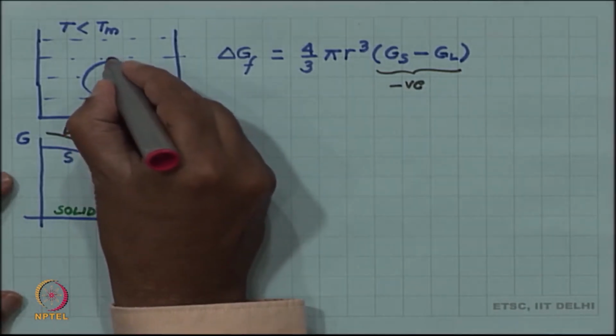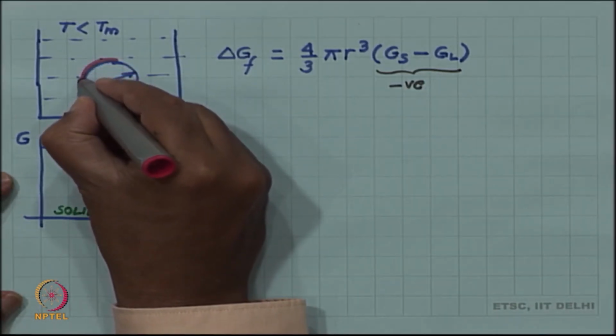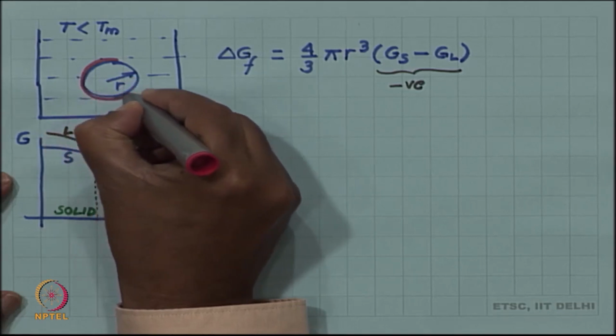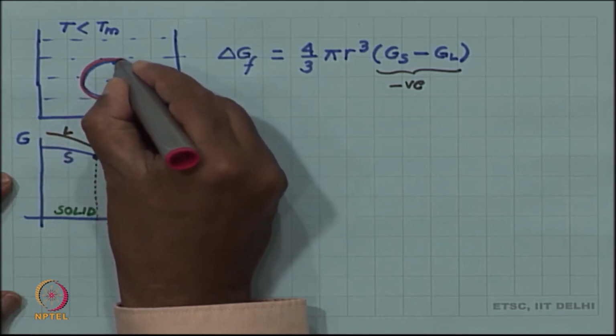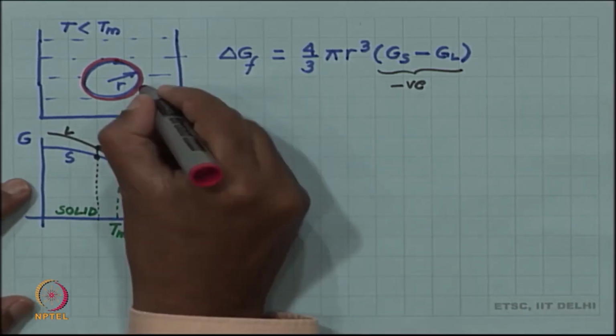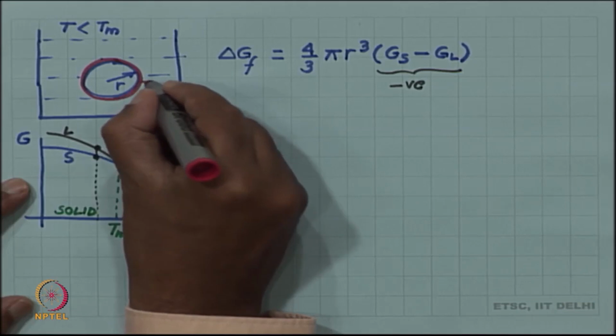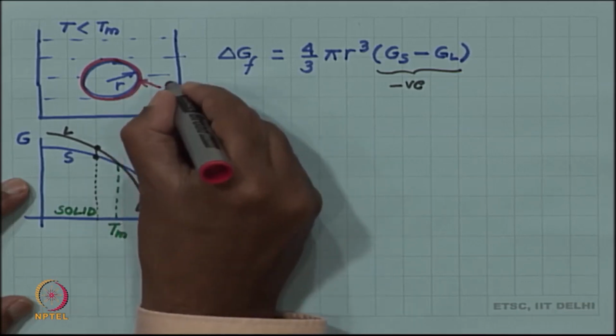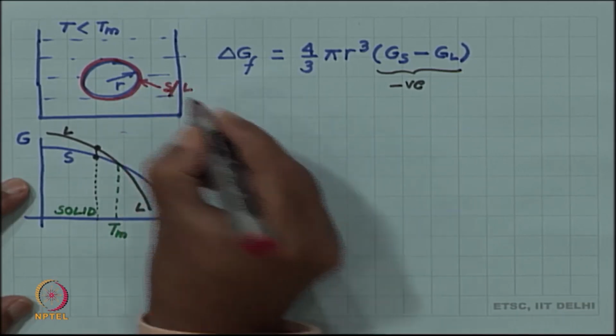Let us see, you cannot create a ball of radius r unless you also create what is called a solid liquid interface.